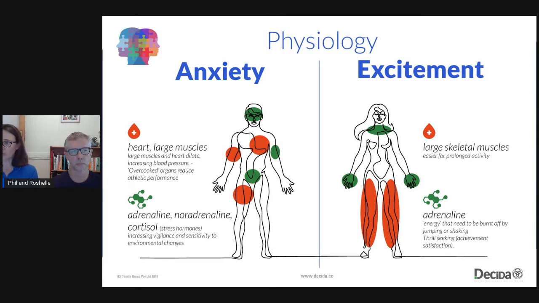This is fine in a short spurt, but be conscious that over time, if it gets too intense or you extend it, you can get into a danger zone, particularly with excitement. If you are overstimulated for too long, you might find yourself getting lightheaded and nauseous because of that redirection of blood flow.